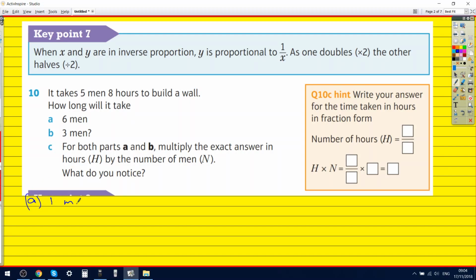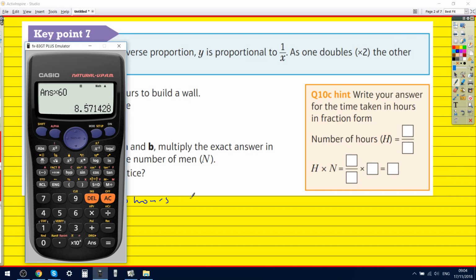I think one man would take 40 hours. And then I need to do 40 divided by 6. That's not exact, is it? It's like 6.6 recurrent.